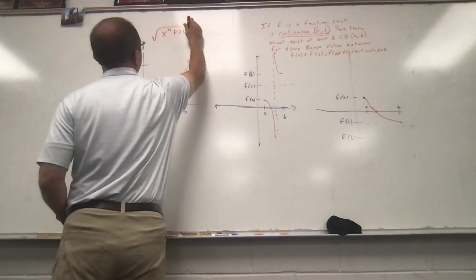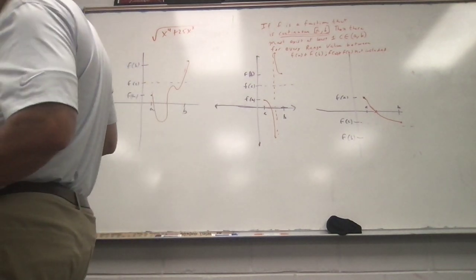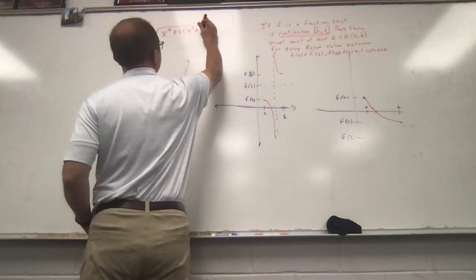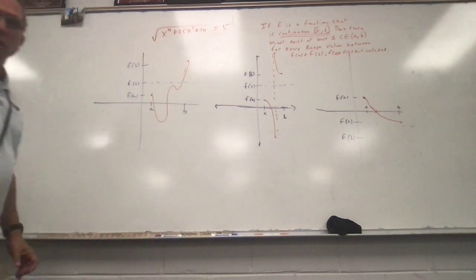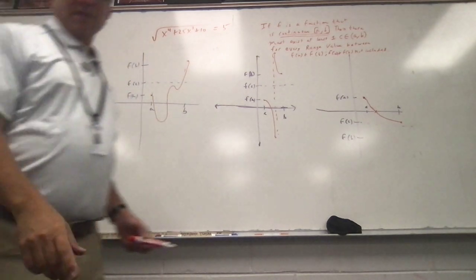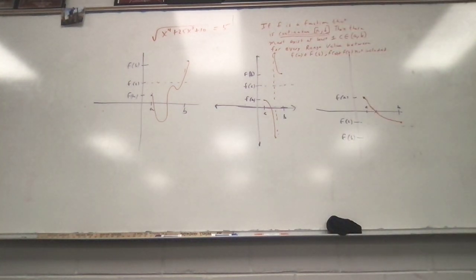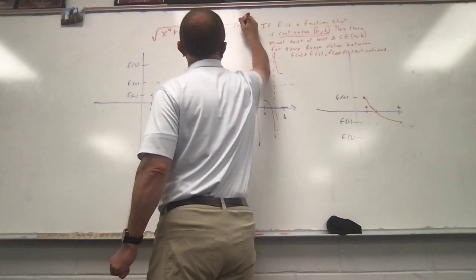What question is this? 60, I think. Now, it wants us to verify that there is a value in there that you could plug in for x and be at 5, and we're going to be between 0 and 1.